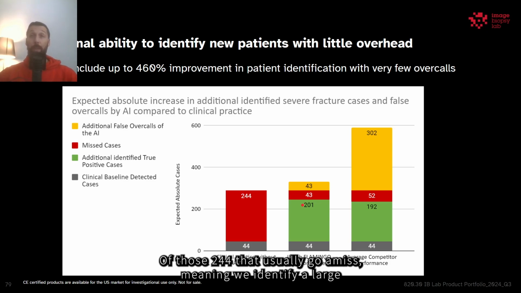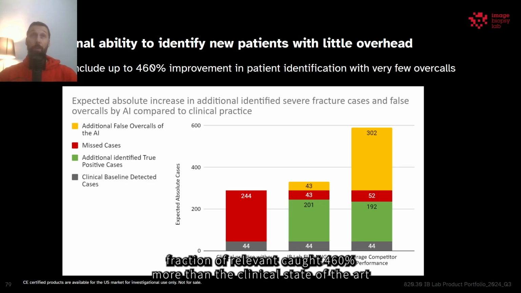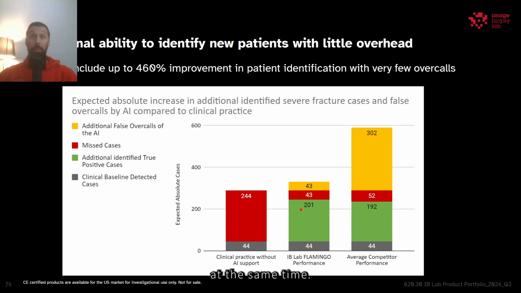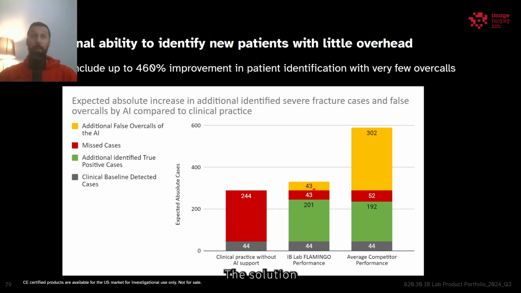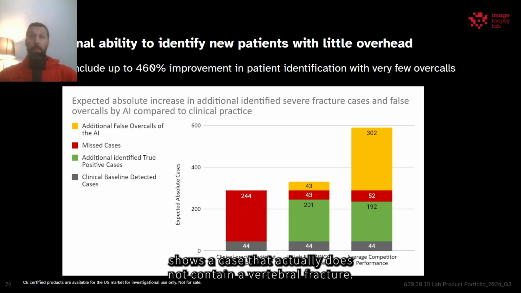Meaning we identify a large fraction, a relevant cohort, 460% more than the clinical state of the art. At the same time, here in yellow, we do not do too many overcalls. Only very few cases, the solution shows a case that actually does not contain a vertebral fracture.